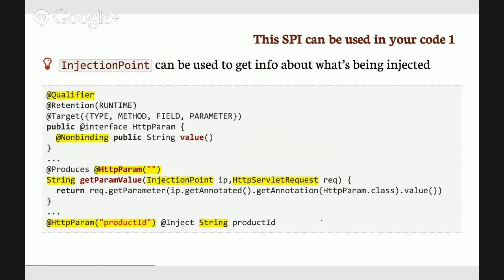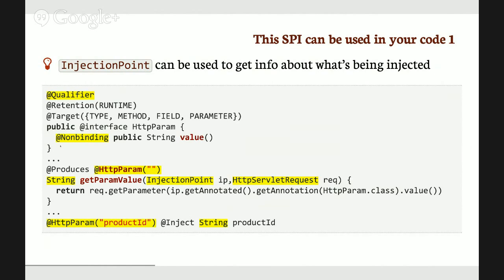So here we have a nice example coming from the documentation. You see, we defined an HTTP param qualifier. This qualifier has a member of type string, and we added the @Nonbinding annotation to tell that this value is not part of the qualifying mechanism.